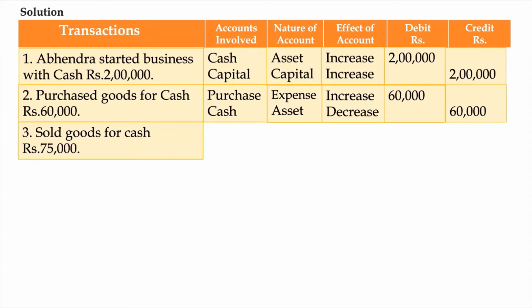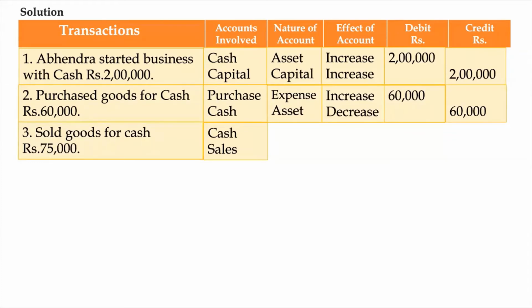Now you have sold the goods of your business for rupees 75,000. Okay, so which accounts are involved in this transaction? First one is cash and the second one is sale. Okay, so sales and cash are involved in this transaction because you are selling your goods.